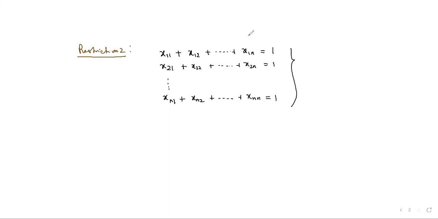Now, I don't want to write all these things. If I want to compress the mathematical writing, then I can write it in this manner. What is varying over here? The column is varying over here. These are the columns: first column, second column, third column.